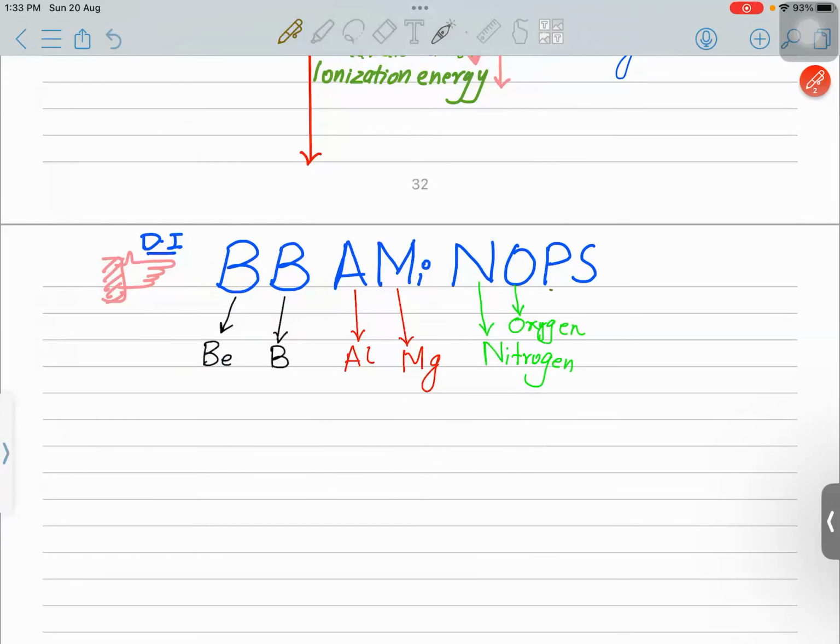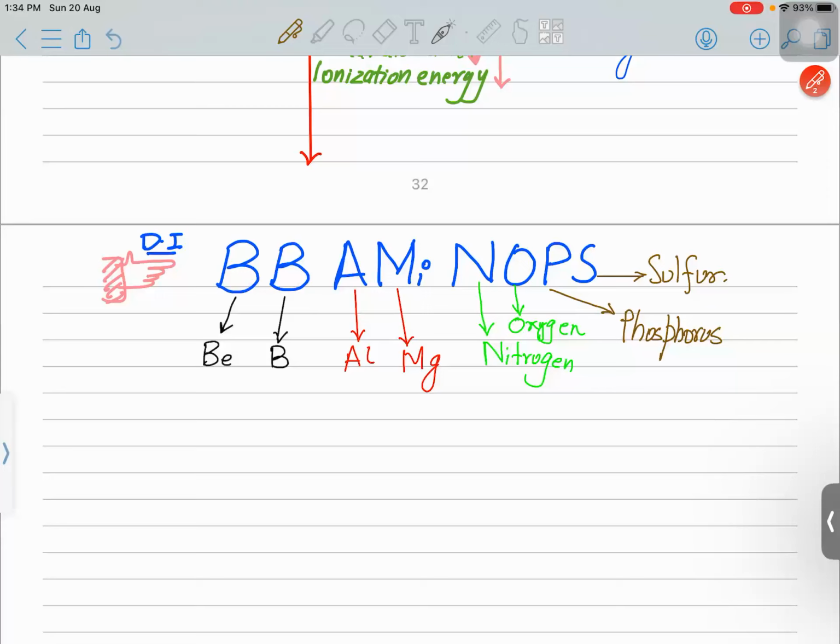And the last ones are phosphorus and sulfur. So these are exceptions. Beryllium and boron are exceptions. Aluminium and magnesium are exceptions. Nitrogen and oxygen. Similarly, phosphorus and sulfur.